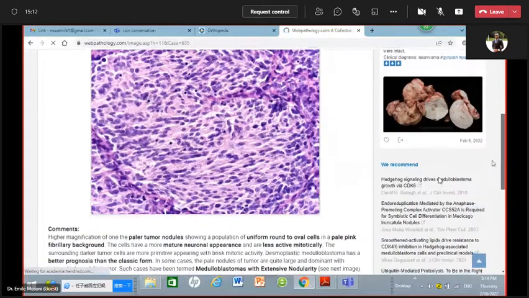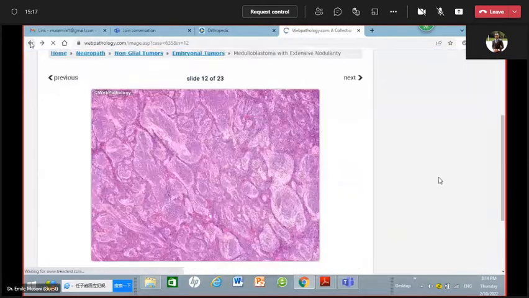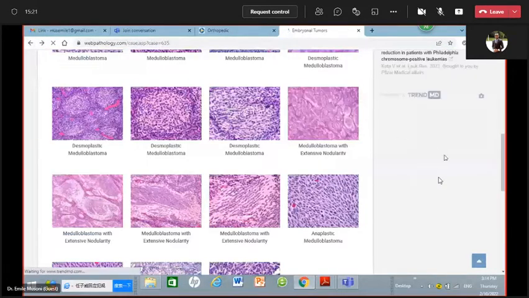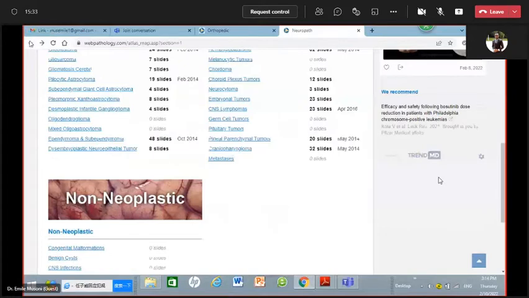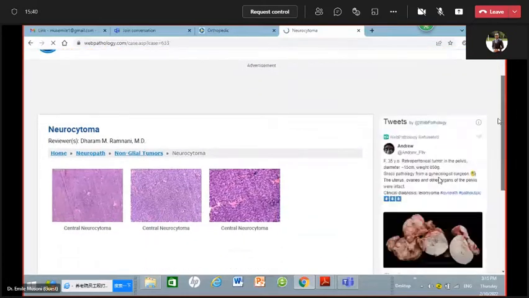This is a medulloblastoma. Neurocytoma, this one is involving the neuron.